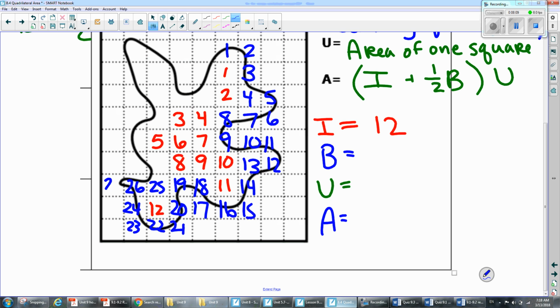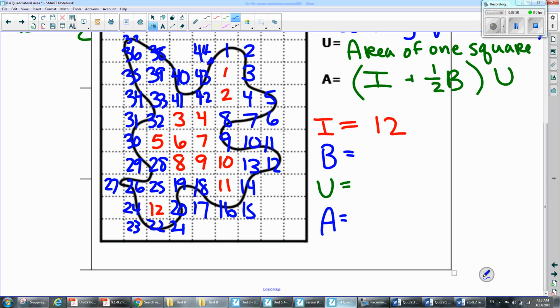Even if it's just a little tiny piece, you still count it as containing some of the area. Some might argue that that has part of a square. Some might say that it doesn't. Again, it's just an approximation. I'm going to say that this one is including this little piece there. So I ended up with 44 boundary squares.